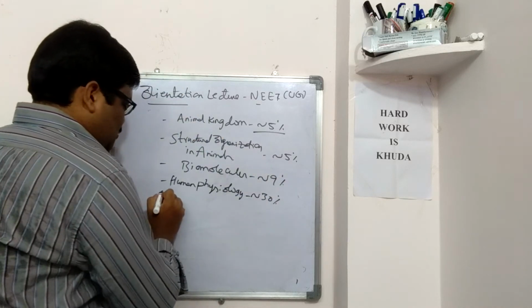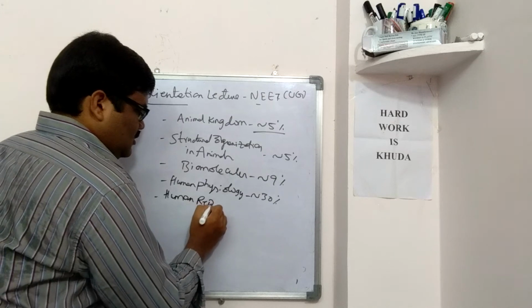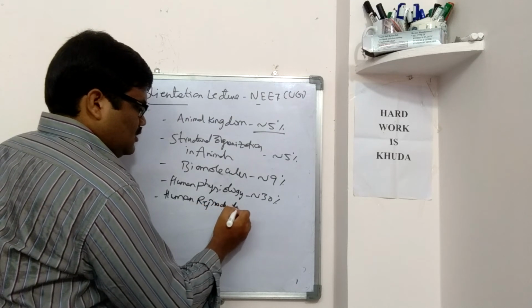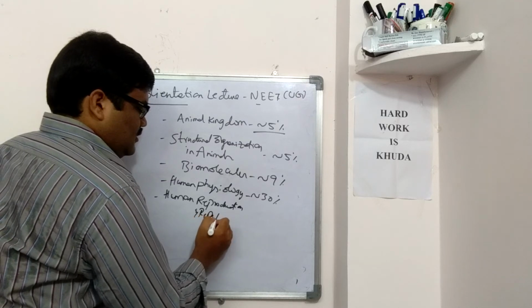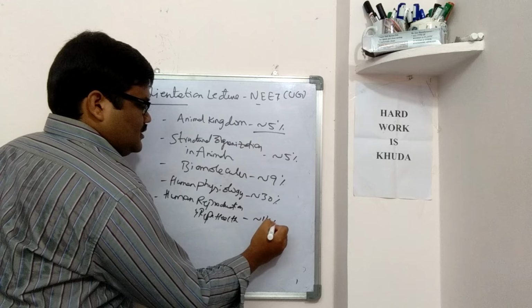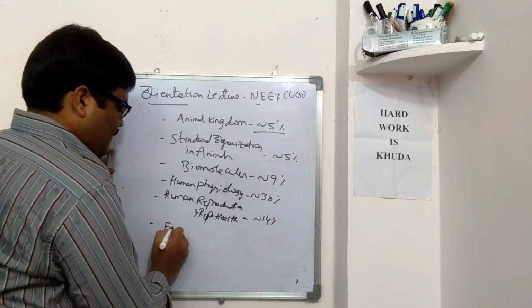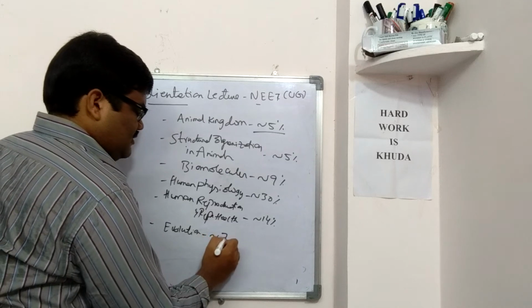Then human reproduction and reproductive health, nearly 14%. Evolution, nearly 7%.